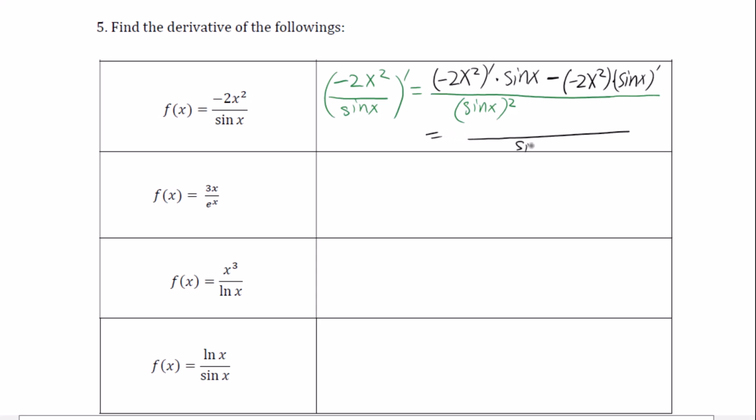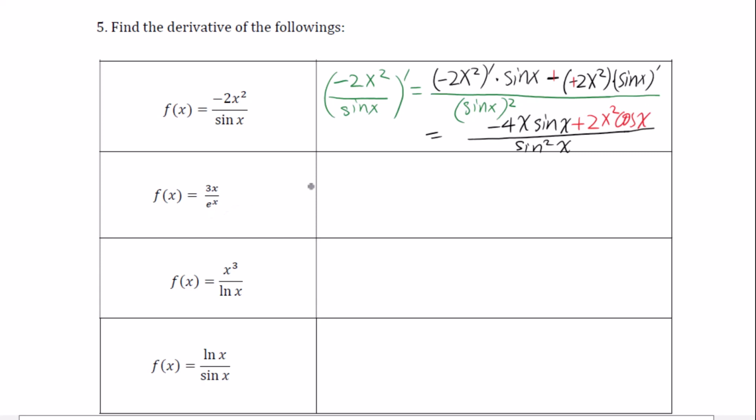The derivative of negative 2x squared is negative 4x sin x. Negative negative is a positive, plus 2x squared times the derivative of sin x, which is cosine x.